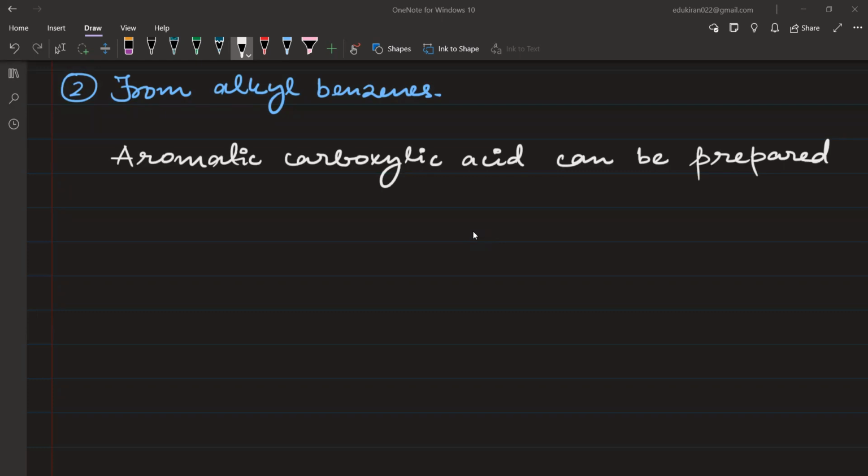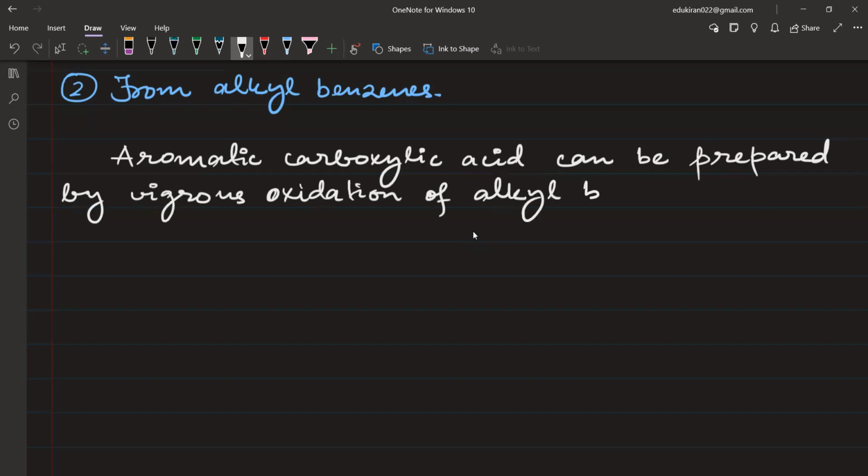Aromatic carboxylic acid is made by vigorous oxidation of alkyl benzene with, now we can use two different reagents, either chromic acid or potassium permanganate. Potassium permanganate can be either acidic or alkaline, not neutral.